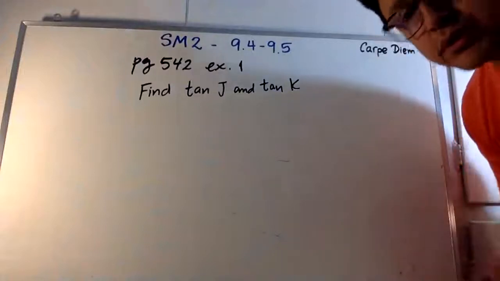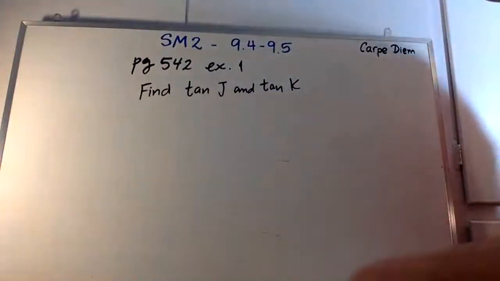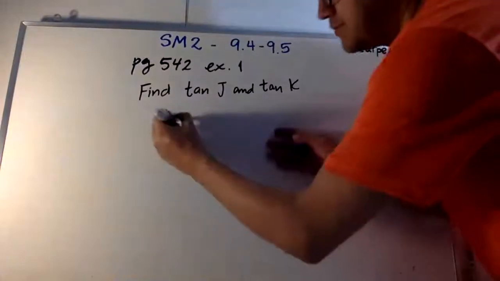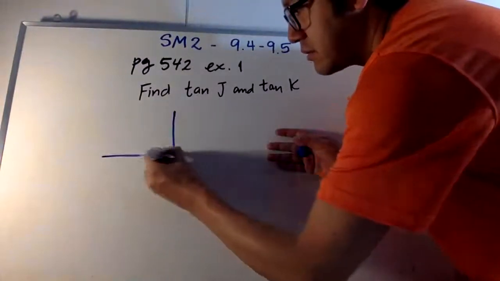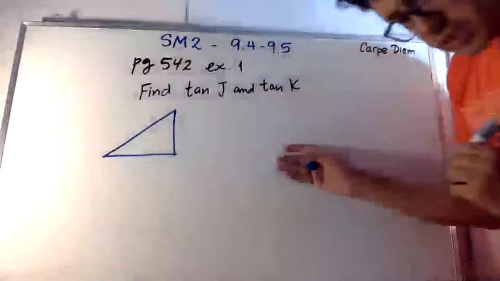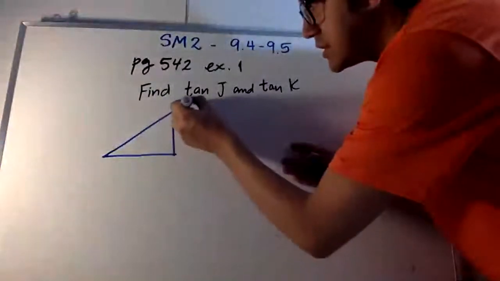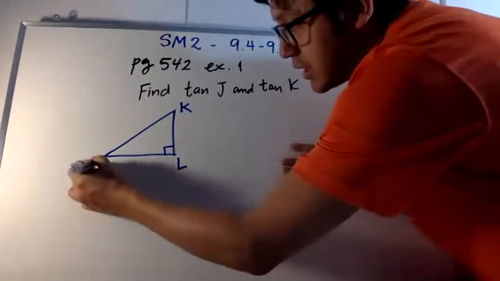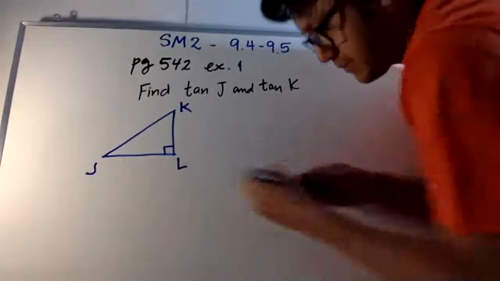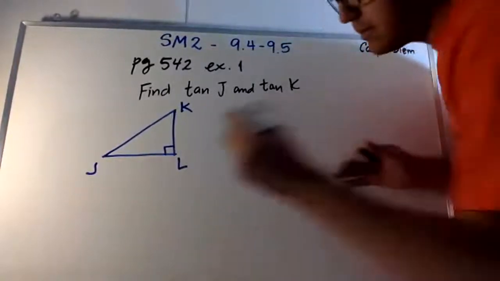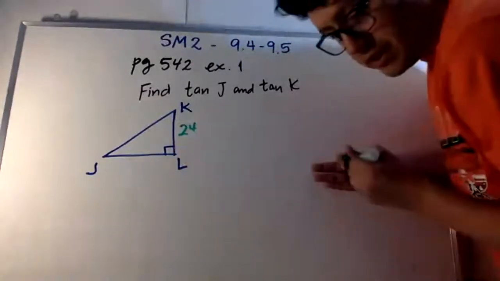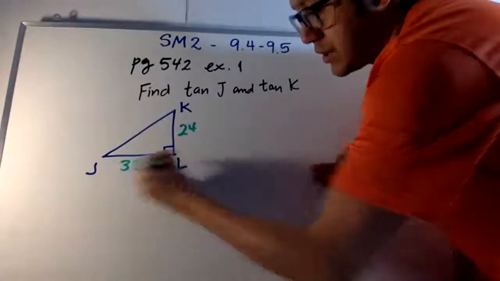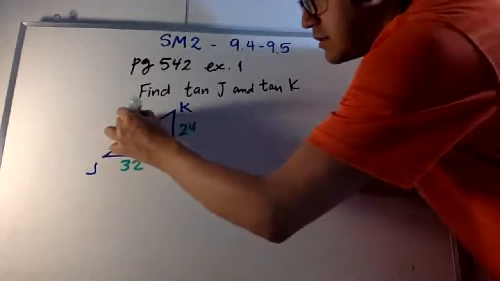It's also important how we're going to report the answer. Okay, so this is the triangle we are given with the corresponding measures. So this is K, this is L, here's our right angle, and this is J. And we are given some measures, 24 here, 32 here, and 40 right here.